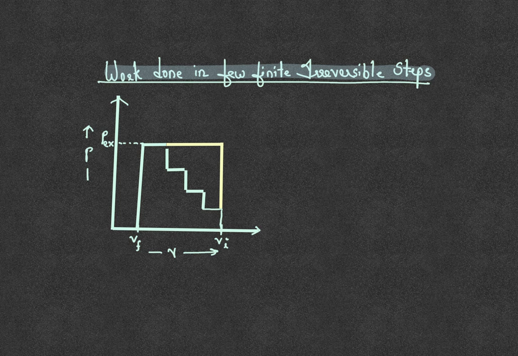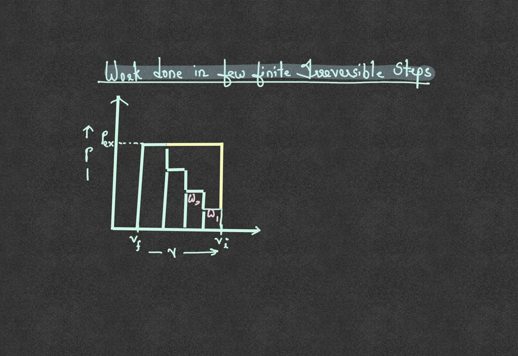However, when we do it in steps, look at this. The work done in the first step, what is it? Pay attention. The work done in the first step is this. This is W1. Then in the second step it is this, W2. Third step it is this, W3. So we have W1 here.